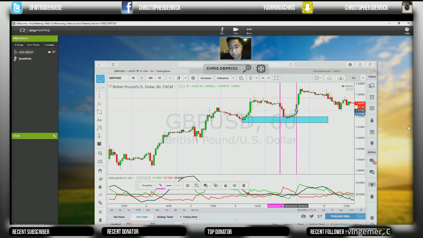All these moves happen in between these times. 10, 11, 12, 13. Like literally, that's the times when I trade, from around 2 to 19 GMT. That makes sense?